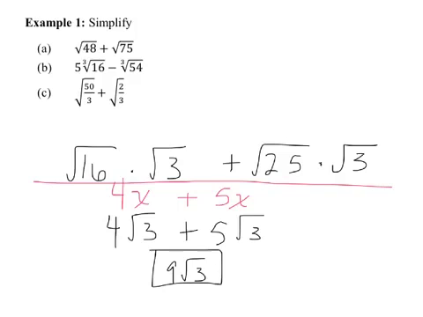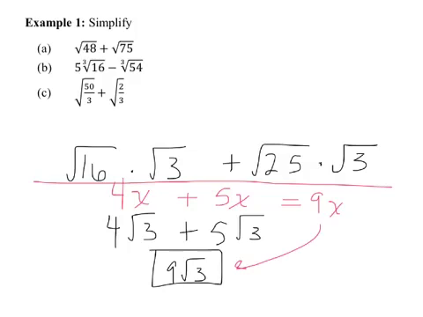Put a line there so you can see what I'm saying. Think of these as 4x and 5x, and they would become 9x really. So instead of 9x, you really have 9 radical 3. Does that make sense? You're going to continue to do this for all of these. No matter what problem you have, when you're adding or subtracting, you're going to treat them like terms. We'll call them like radicals.